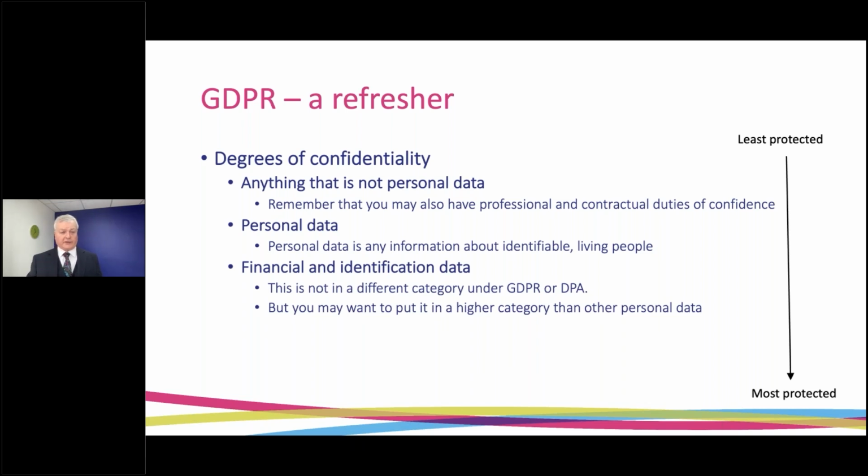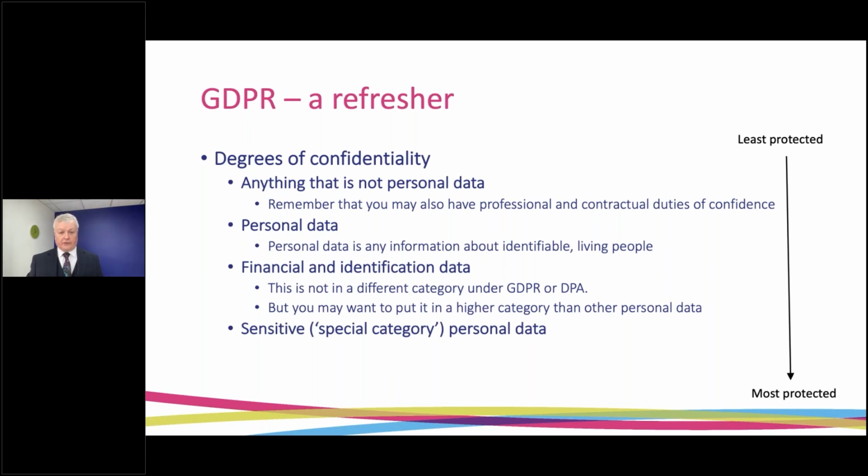That is not actually listed in GDPR as coming within a different category, but you can see that there is obvious damage that could be done if you inadvertently release identification documents that you've got or financial information about somebody. So you're likely to have your own policies and procedures for safeguarding that sort of information, perhaps a bit more securely than the legal minimum under GDPR.